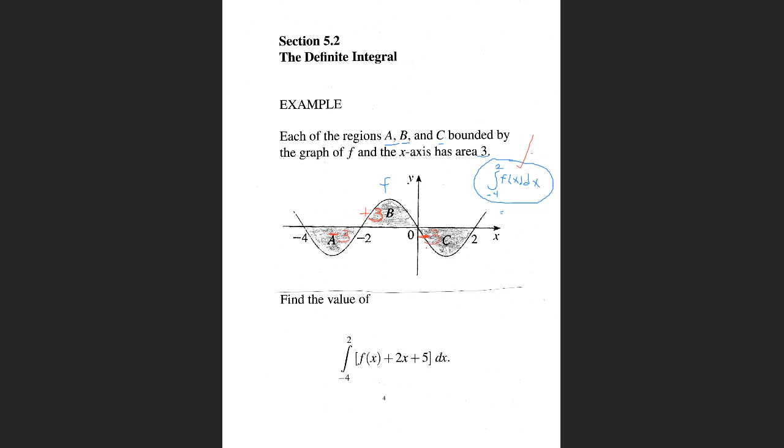Can somebody chat out how I would find it? Add them up, that's right. You're going to get -3 plus 3 plus -3, and so the net area is going to be -3.